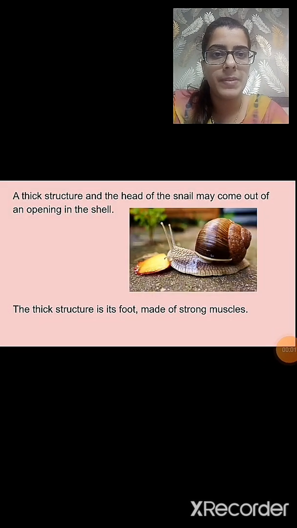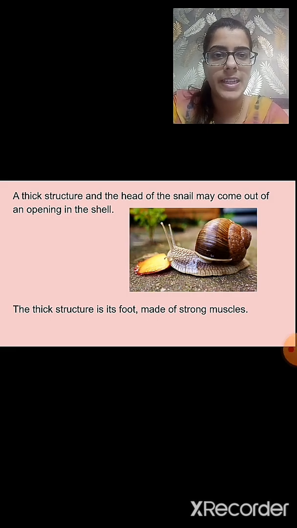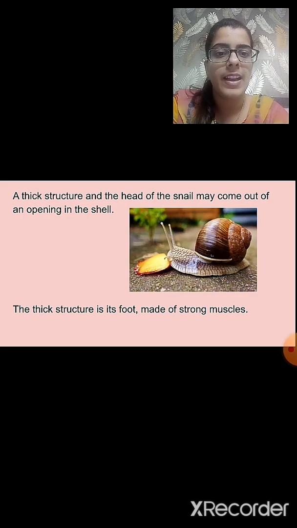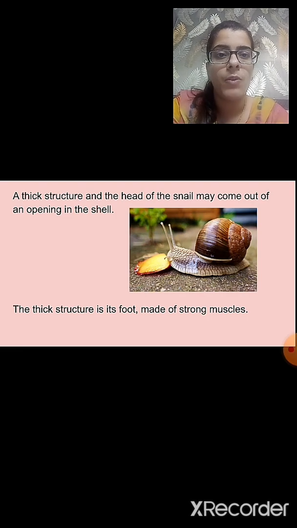Now, do you remember? While studying the movement of the snail, we studied one activity. What did we study in that? In that, the snail was placed on a glass plate. When the snail started to move, the glass plate was lifted and the movement of the snail was observed. So, what did we observe? A thick structure and the head of the snail may come out of an opening in the shell.